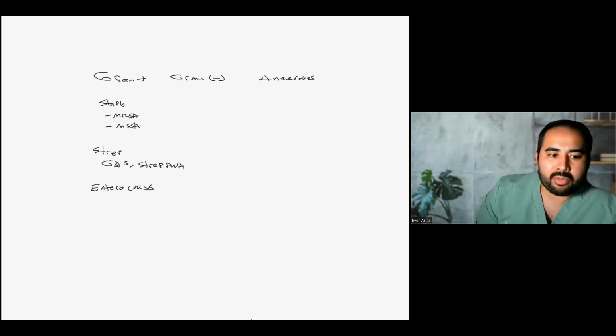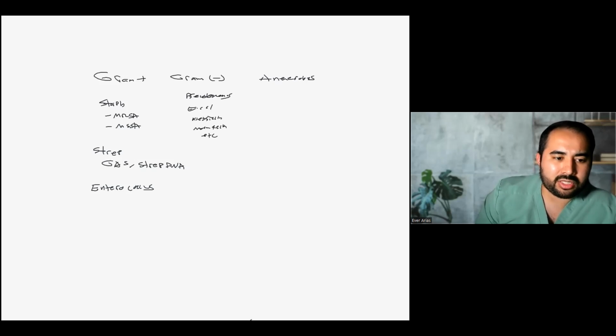And then let's talk about gram negative. Gram negative has a bunch of random ones that you don't really have to know, but the more important one is Pseudomonas. You have E. coli, we have respiratory ones like Klebsiella, Moraxella, etc. So really the most important ones are E. coli, Klebsiella, Moraxella, Pseudomonas.